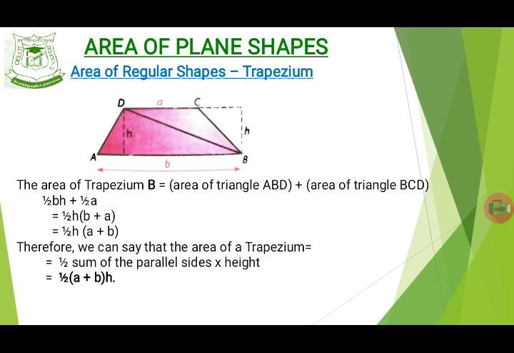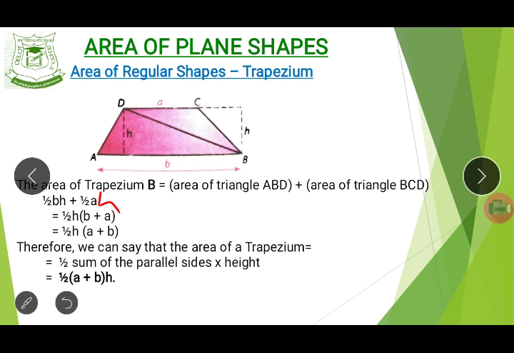So moving on now, look at this second one. This is another type of trapezium, and it involves the area of both triangles, adding them together. When you add the area of the two triangles, you find that there is an h here as well. Let me write that. There's an h here also, because the area of a triangle is half times base times height.